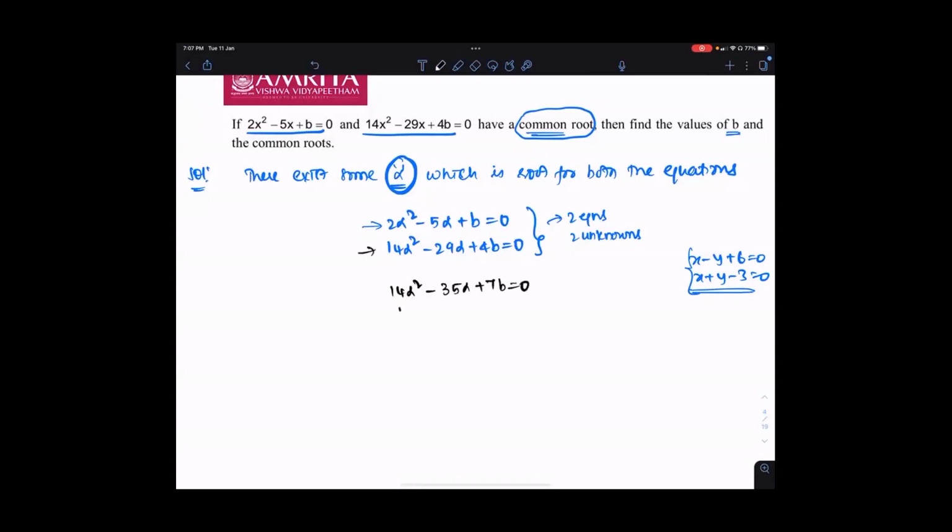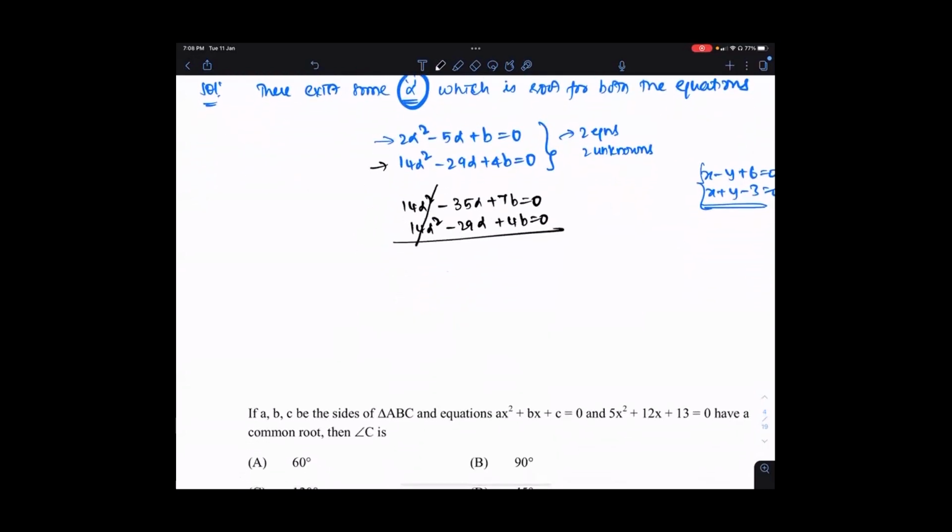And this we'll write as it is, 14 alpha square minus 29 alpha plus 4b equal to 0. Now if I subtract both the equations, this will get cancelled. That is the intention of multiplying by 7. So then this will be minus 35 plus 29, it will be minus 6 alpha plus 3b equal to 0. So we are getting b equals minus 2 alpha.